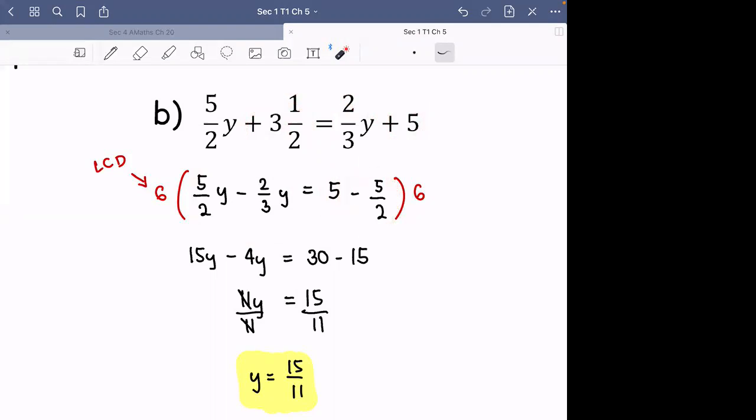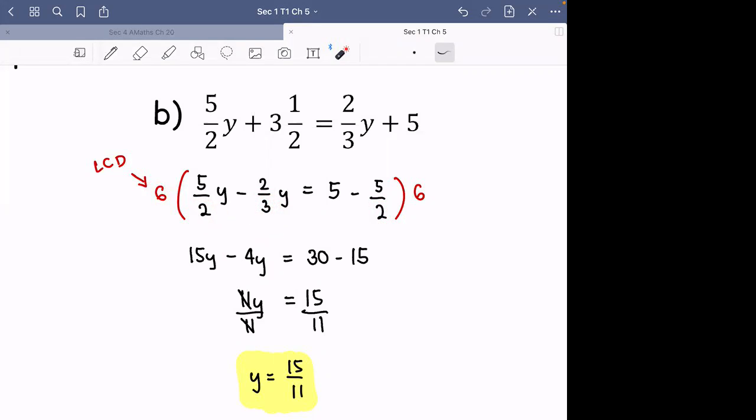And then the next step is to think of the LCD, or least common denominator, between 2, 3, and 2. What is the number? Think of a number that can be divided by 2 and 3. Obviously that is 6.